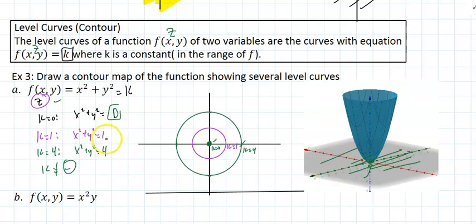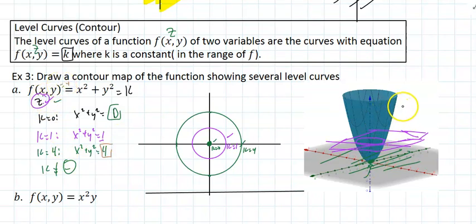If I let k equal 1, isn't this saying really let z equal 1? If I let z equal 1, aren't you cutting a plane right there? And wouldn't this plane intersect this at that circle? If I say let k equal 4, doesn't that mean I'm saying let z equal 4?